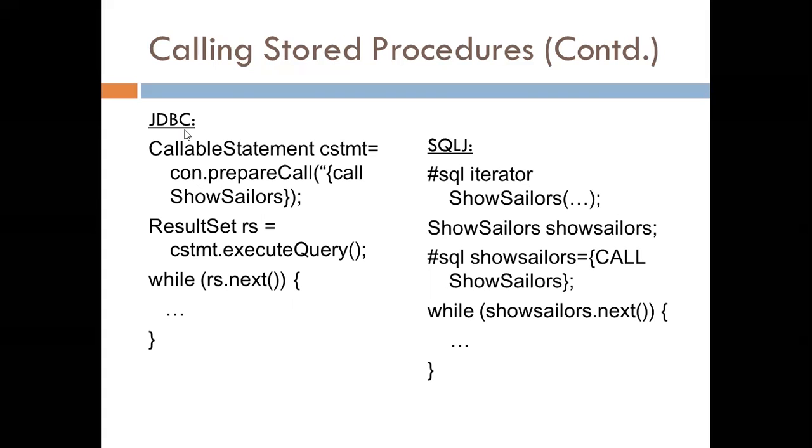The only difference in JDBC is the statement. Instead of that, we have to use prepare call, and its type is callable statement. Apart from these two, there is no difference on how a stored procedure is processed in JDBC programs.